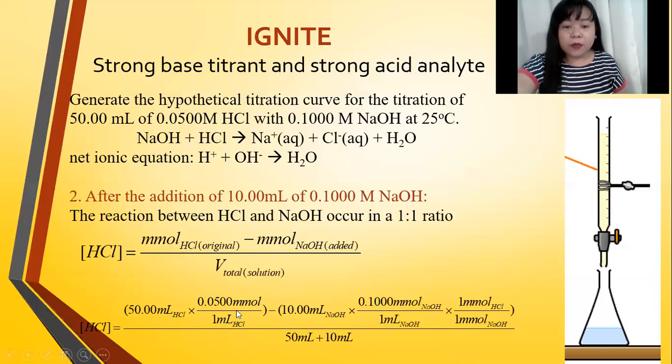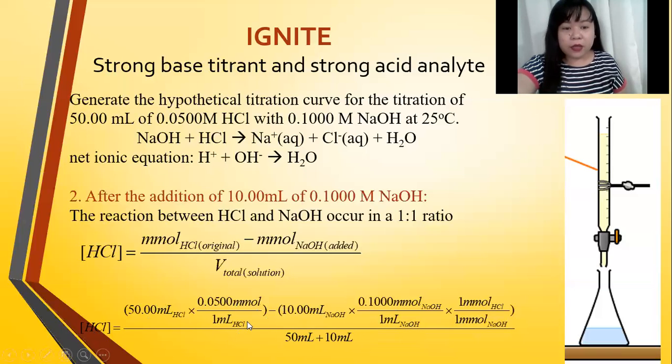Again, this term would represent the number of millimoles of HCl originally in the solution minus the number of millimoles HCl that has been consumed by sodium hydroxide titrant and converted into salt, which does not contribute to the pH of the system. All over the total volume of the solution, so we had 50 mL of the analyte plus 10 mL of the titrant.